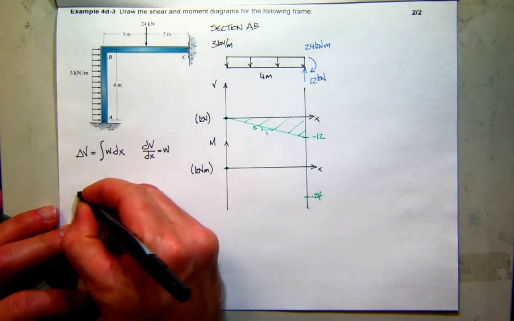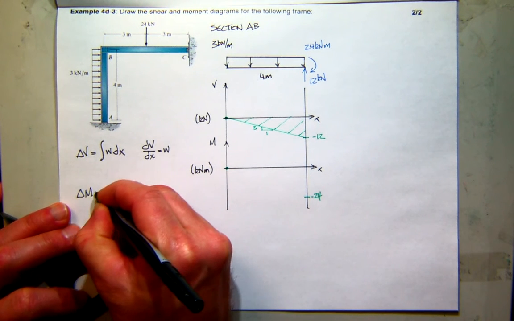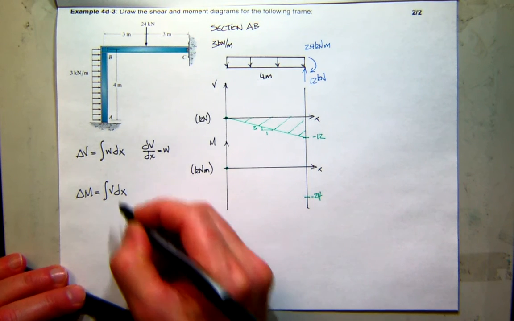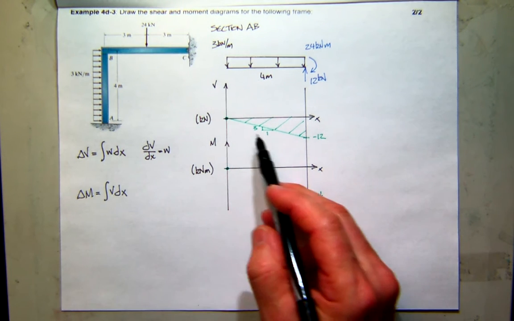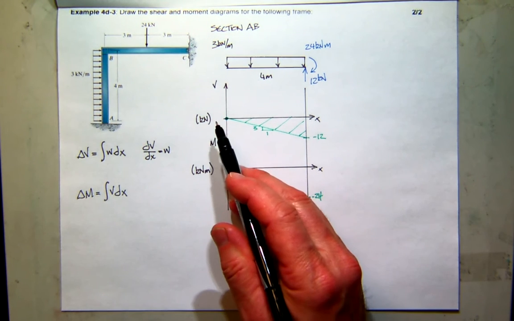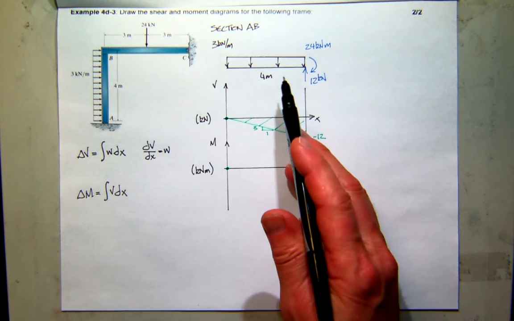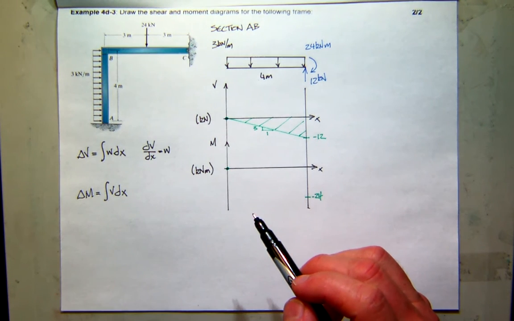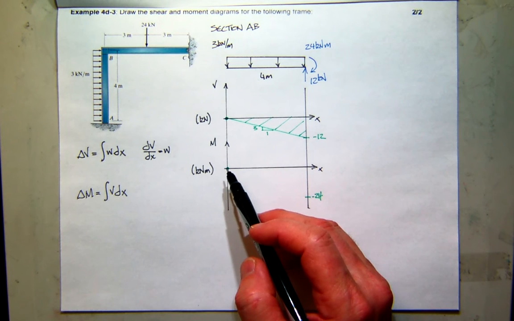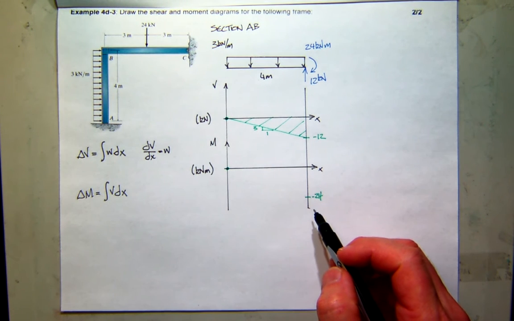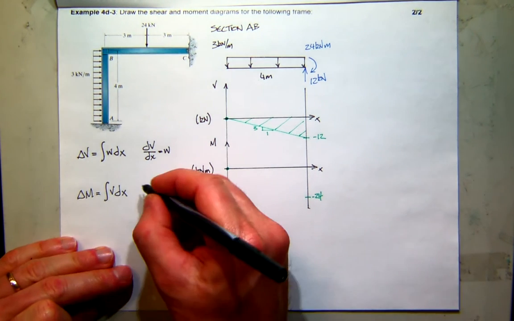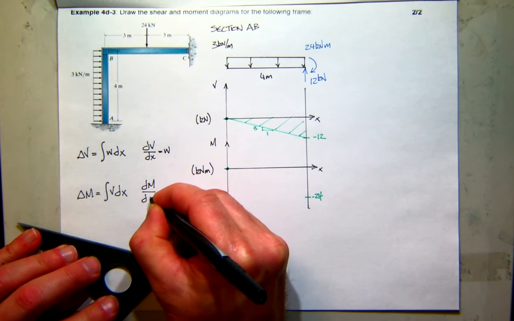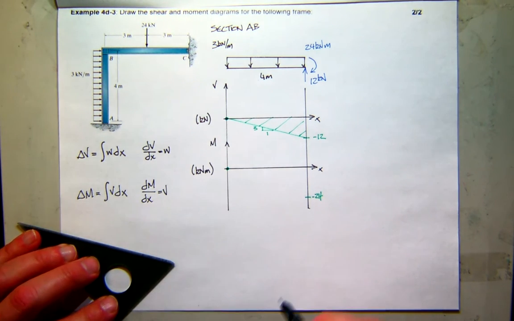And we know that the change in moment between any 2 points is the area under the shear diagram. So what's the area under this shear diagram? It's a triangle, 1/2 base, 4 meters, times height 12. That's negative 24. So starting at 0, subtracting 24, you get negative 24. That checks. And we know the slope of the moment diagram is equal to the shear.